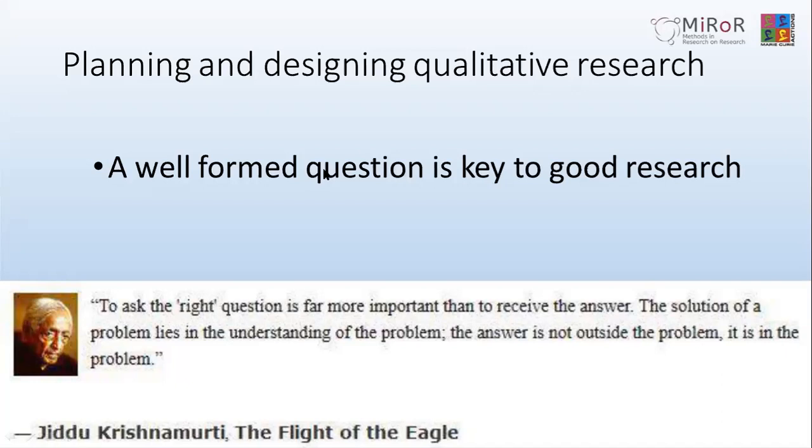All these things are, I would say, subtleties which are available in qualitative research also.